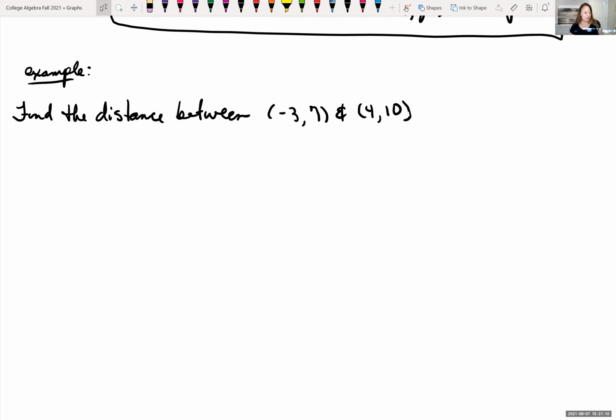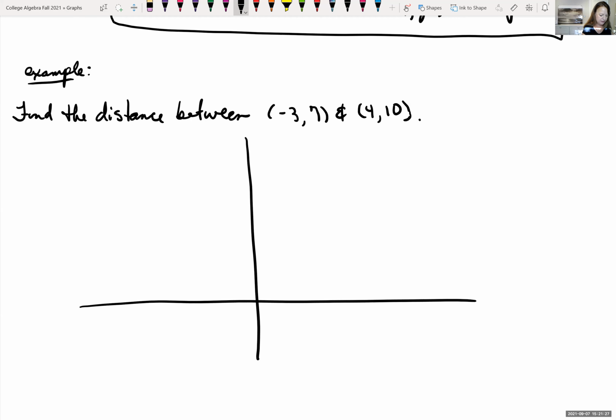So the example we have in front of us is: find the distance between the 2 points (-3, 7) and (4, 10). We really don't need to graph this, but let's just do it anyways, just to get some more practice on graphing points. So -3, 7: I'm going to the left 3 and up 7.